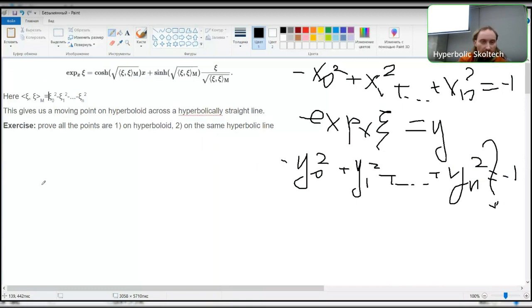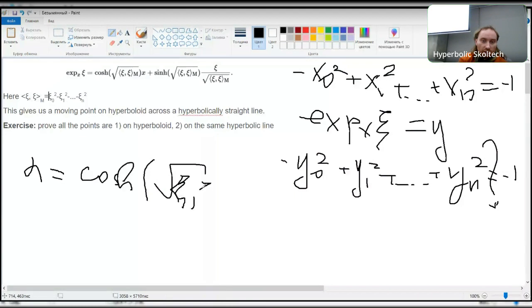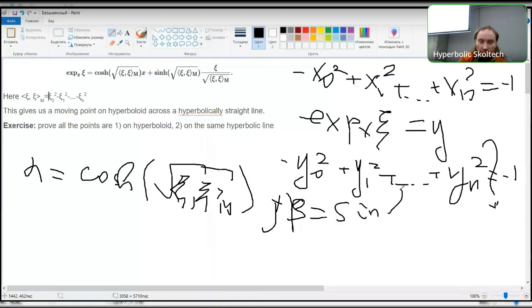So how to do this? Let's denote as alpha the hyperbolic cosine of the square root of the Minkowski scalar square of psi, and beta the hyperbolic sine.